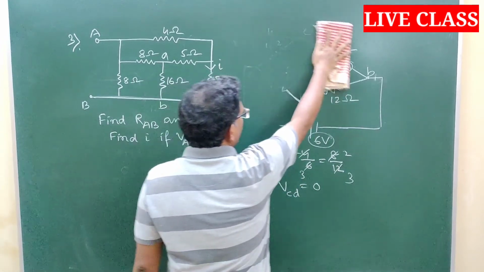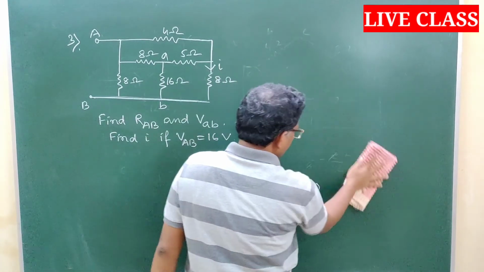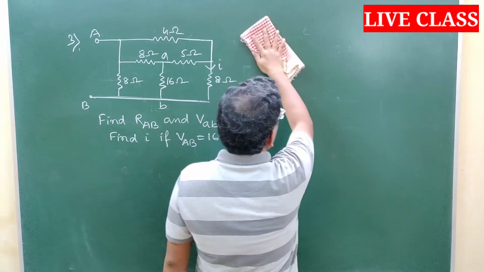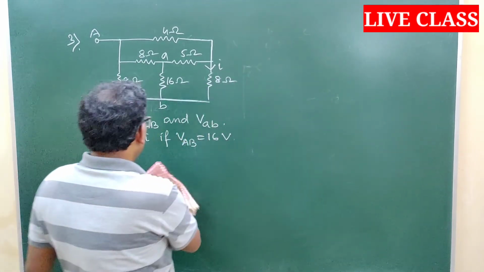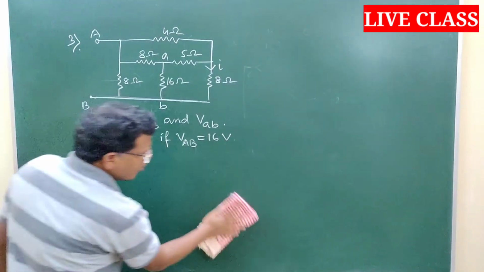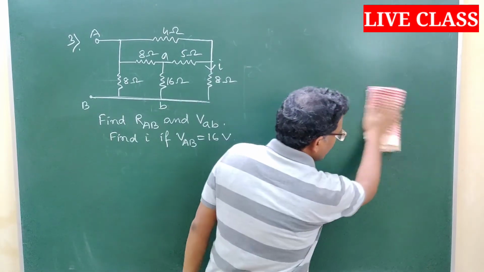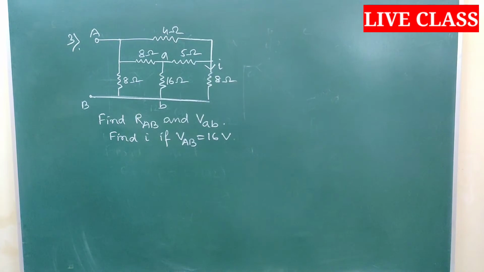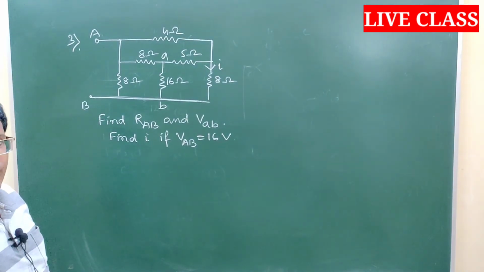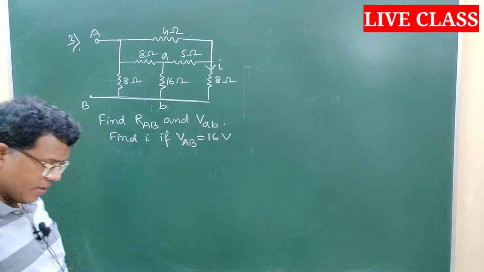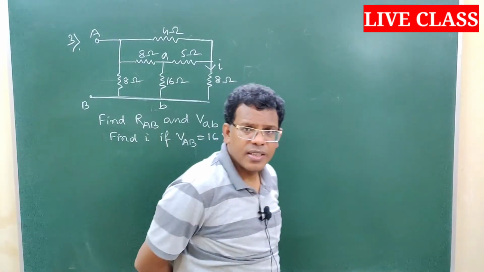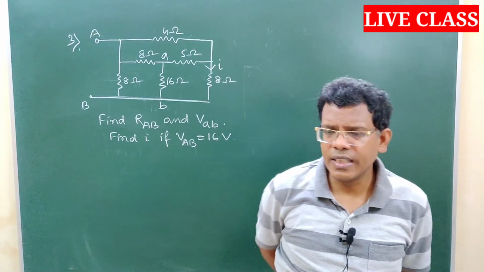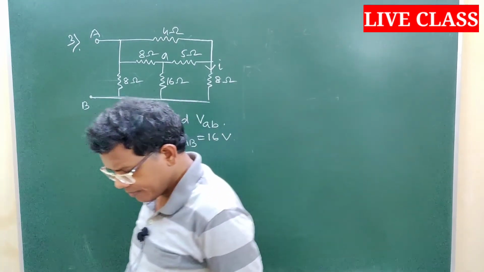Apart from calculating that current I, we also need to know two more pieces of information. One is the R equivalent between A and B, and another is the potential difference across the 16 ohm resistor.